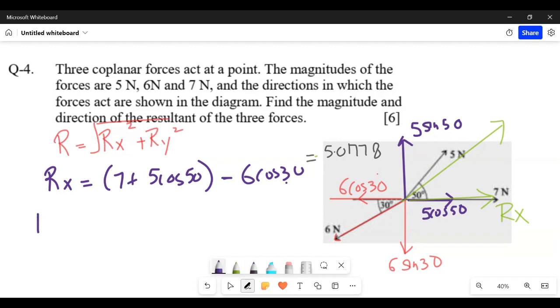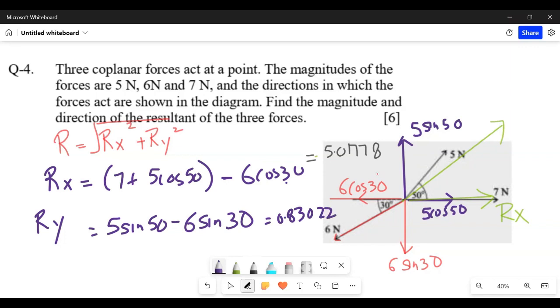Okay. For Ry, I have to do up minus down or maybe down minus up. I'm going to take up first and see if I get a positive answer or a negative answer. So 5 sine 50 minus 6 sine 30 is also positive. 0.83022.